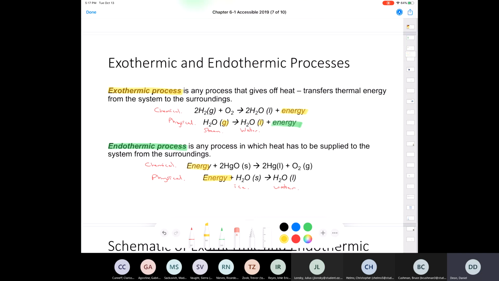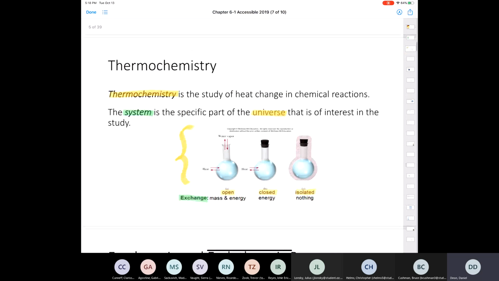One thing I just want to point out before we continue on is a little bit of wording I noticed when I was lecturing. Here I use the word surroundings, okay? And if we back up a slide, I talked about the universe, okay? Now, if you think about the whole entire universe, if you do any of those reactions on planet Earth, it's probably not going to affect what's happening in another solar system somewhere.